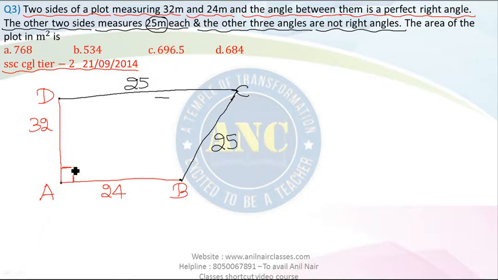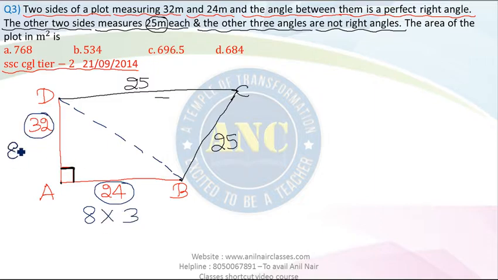Now see here, sir. The biggest clue in this question is that angle A is 90 degrees. Sir, what difference will it make if angle A is given as 90 degrees? See here. Can I draw this particular line right now? If I draw this line, ABD becomes a right angled triangle. 24 is nothing but 8 into 3. 32 is nothing but 8 into 4.